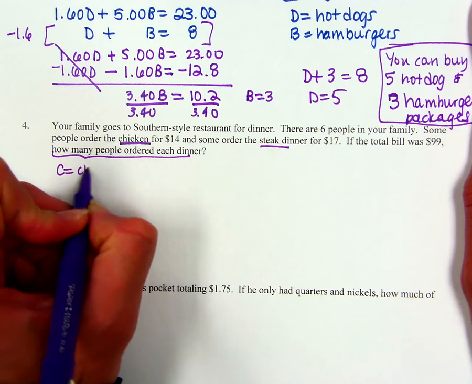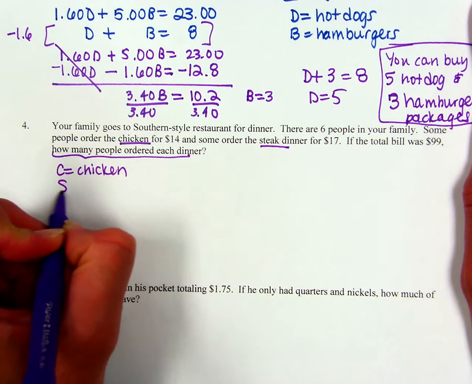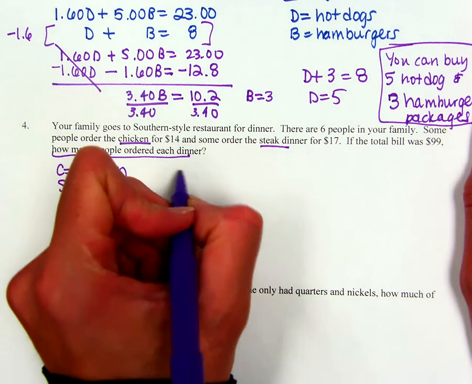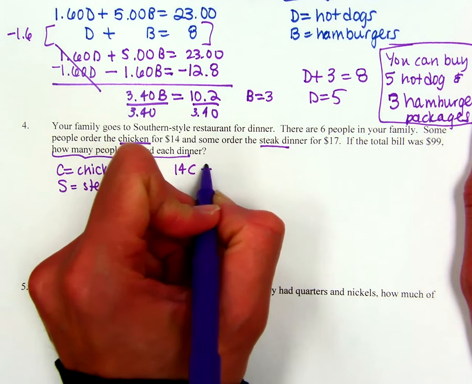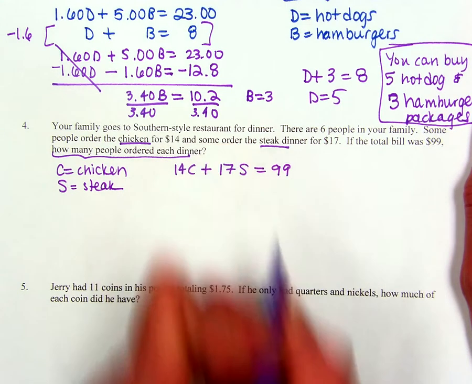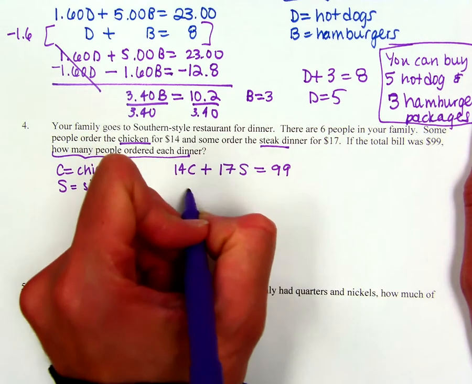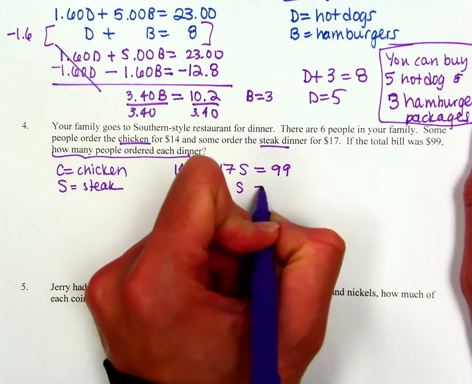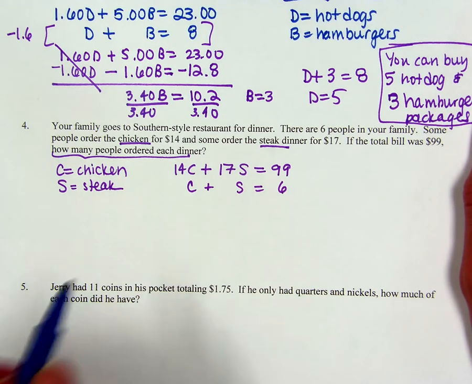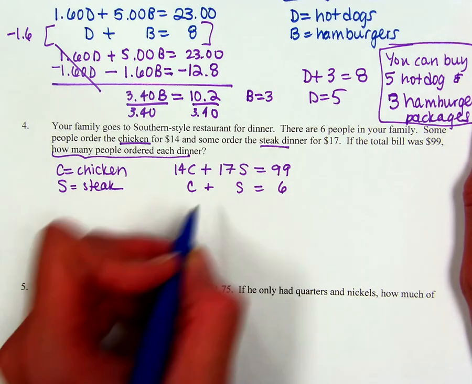So C can be chicken, S can be steak. Then I want to know how much did each of them cost. So $14 for chicken dinners, $17 for steak dinners, and the total bill is $99. There's 6 people in my family, so some amount of chicken, some amount of steak. Total I got 6. Or sorry, six people, 6 meals.